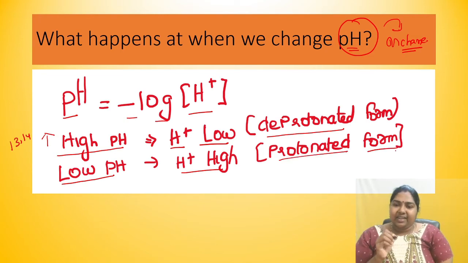So if it is going to be a lower pH, all of them will be in the protonated form. But if you raise the pH, they will all become deprotonated. So this is the influence on the amino acid. Let us move on to the next one.